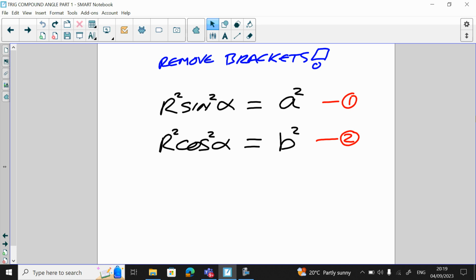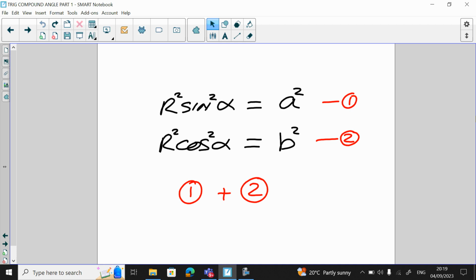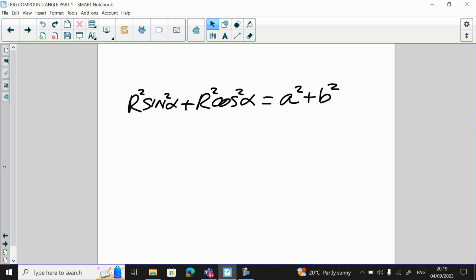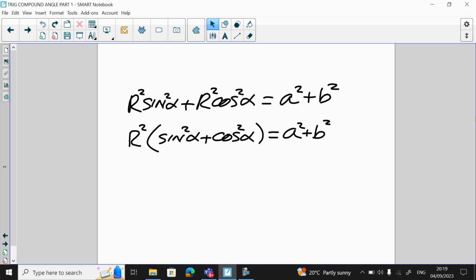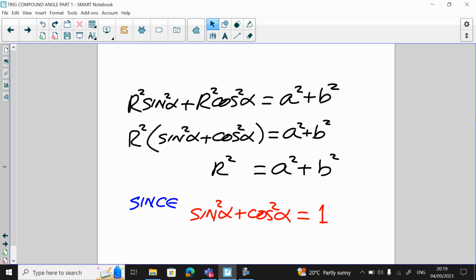What's going to happen next? I'm going to add both the equations here. Add them together, and we can take out a common factor of R squared, leaving sin squared alpha plus cos squared alpha. Once we're used to our trig identities, what's that going to be?